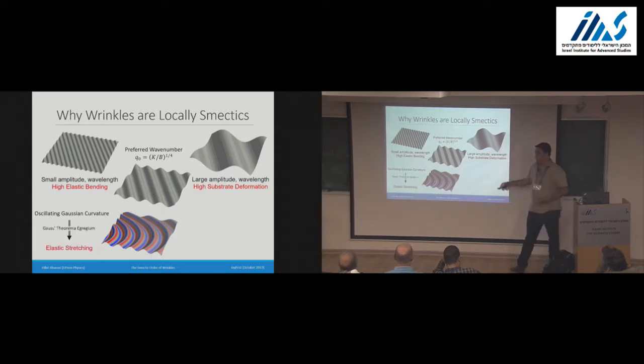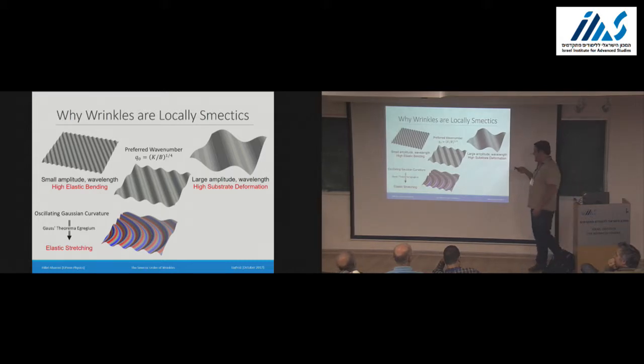Yes, so this costs elastic stretching. Okay, so unlike straight wrinkles, bent wrinkles cost not only bending energy and energy of deforming the material, but also stretching energy. The sheet itself is locally stretched or compressed laterally. For a thin sheet, this costs a lot of energy.